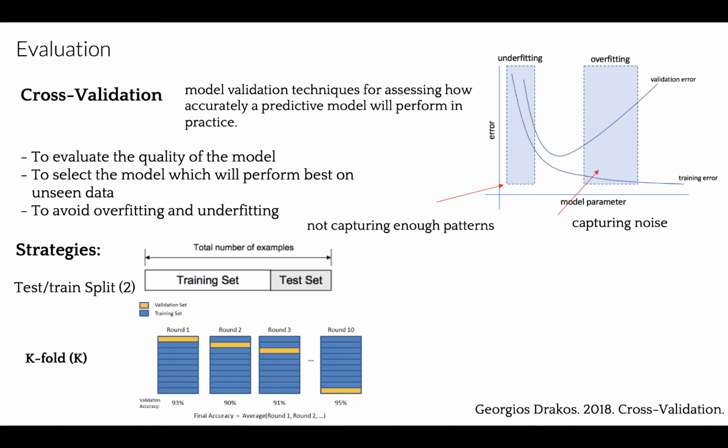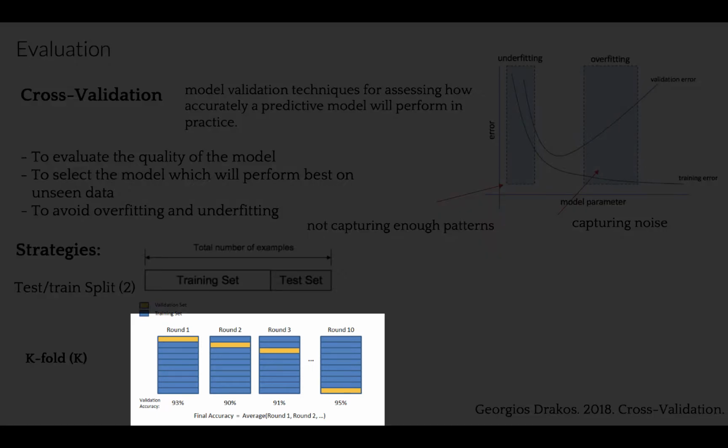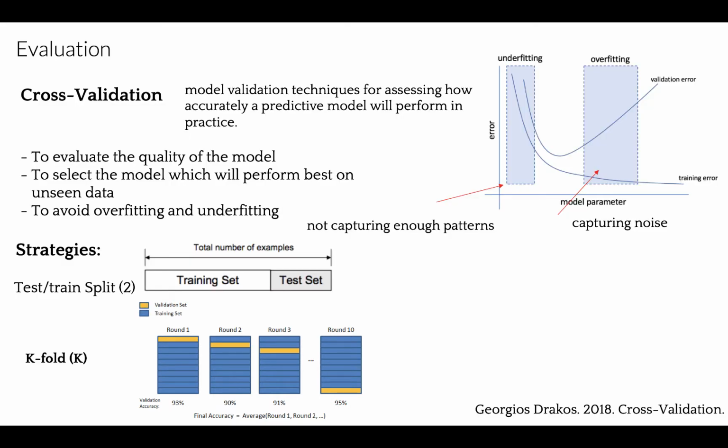Typically, different validation strategies exist based on the number of splits in the data set. We can have a train-test split strategy, where we simply split the data into two sets, train and test, so that the samples in the train and test sets do not overlap. The second one is k-fold validation. We simply average scores after k different holdouts. Every data point gets to be in the validation set exactly once, as you can see from the figure at the bottom, and it gets to be in the training set k minus 1 times.